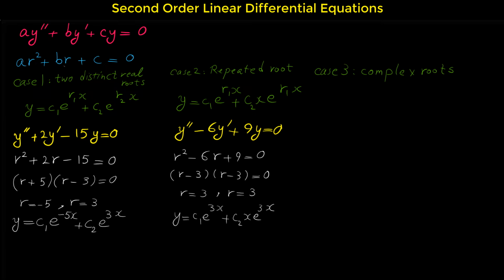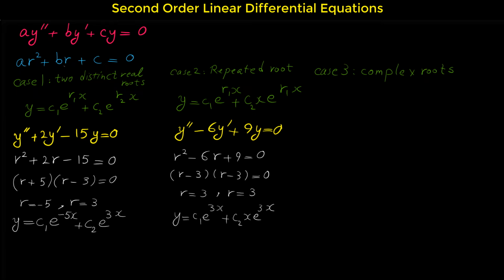So instead of having two distinct real roots, we have two distinct complex roots. If you are familiar with complex numbers, you can understand this part better. But if you are not familiar with complex numbers, don't worry at all. You can continue with me and you can understand everything.